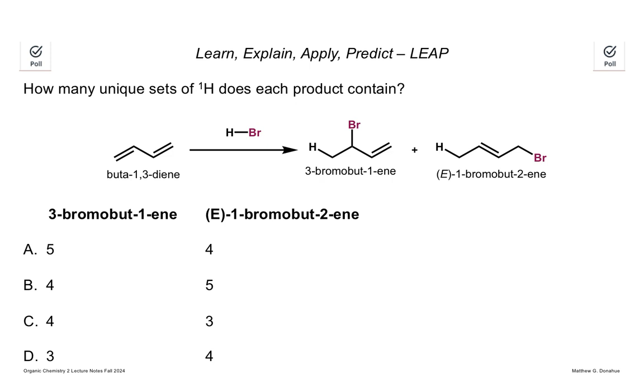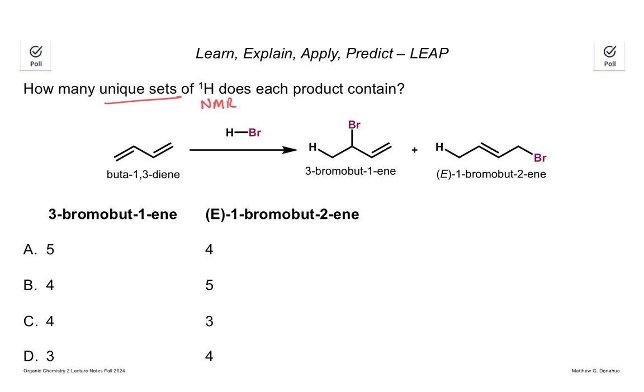As a review, and maybe a reintroduction for the new people joining us, we learned about NMR, nuclear magnetic resonance, and unique proton sets, for this very purpose: if a reaction produces two products, how do we tell those products apart?